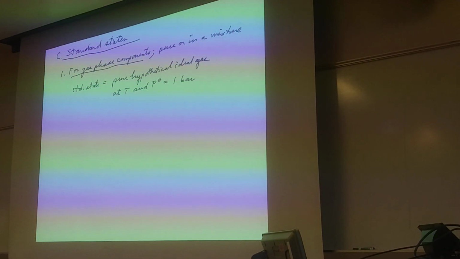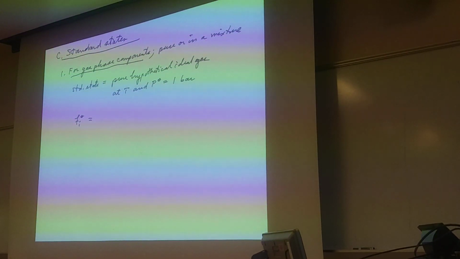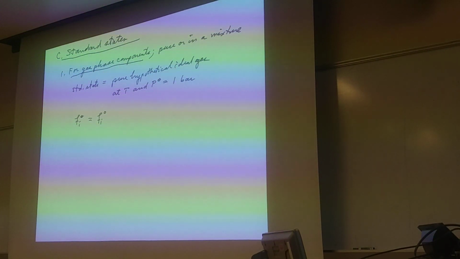So the fugacity of a component in a standard state is going to be equal to the fugacity of the hypothetical pure ideal gas. But since it's an ideal gas, that's the pressure, and we set it equal to 1 bar.